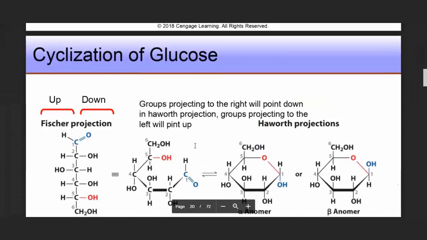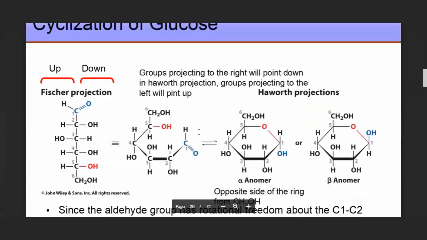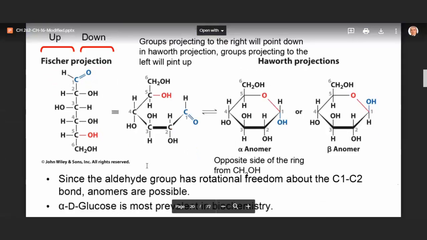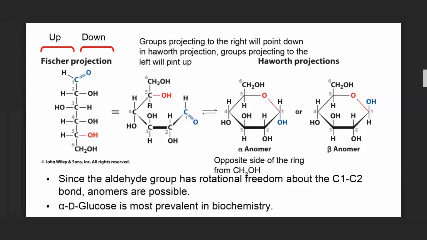Now again, let's look at the cyclization of glucose another time. This is the Fischer projection, and here we draw it in this way for cyclization to occur. Then oxygen will attack here, and 2 forms are possible.